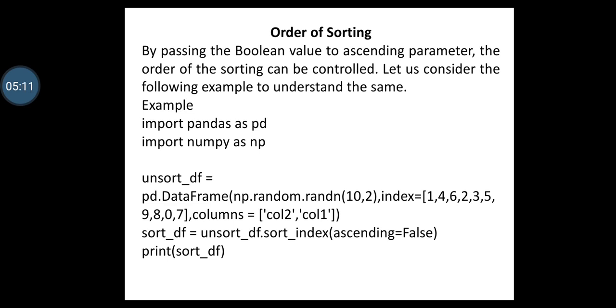Index values are also defined here: 1, 4, 6, 2, 3, 5, 9, 0, 7, and column values are also labeled as column 2, column 1. The sort_df variable is also defined as unsort_df.sort_index, and you can notice that I am defining ascending is equal to false.